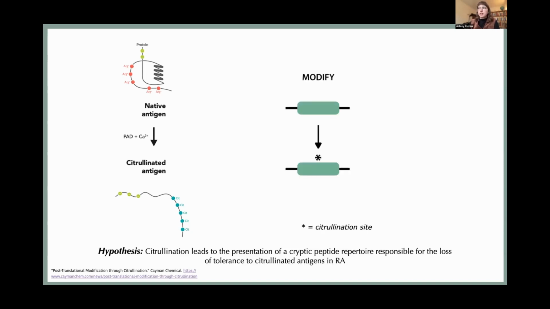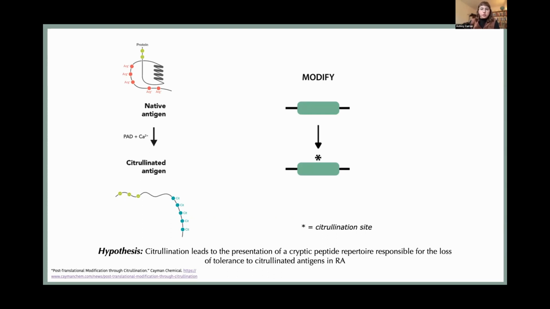The first would be modification of an existing peptide by citrullination, so essentially presenting a directly citrullinated epitope. For a while, this has been the leading hypothesis in the field in rheumatology, that directly citrullinated epitopes may be the direct link between this genetic association with class II alleles and our antibody responses to citrullination.